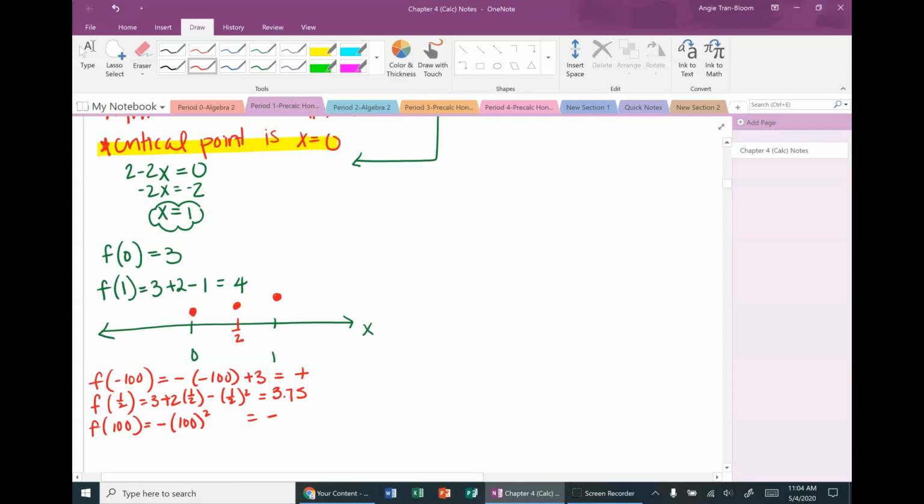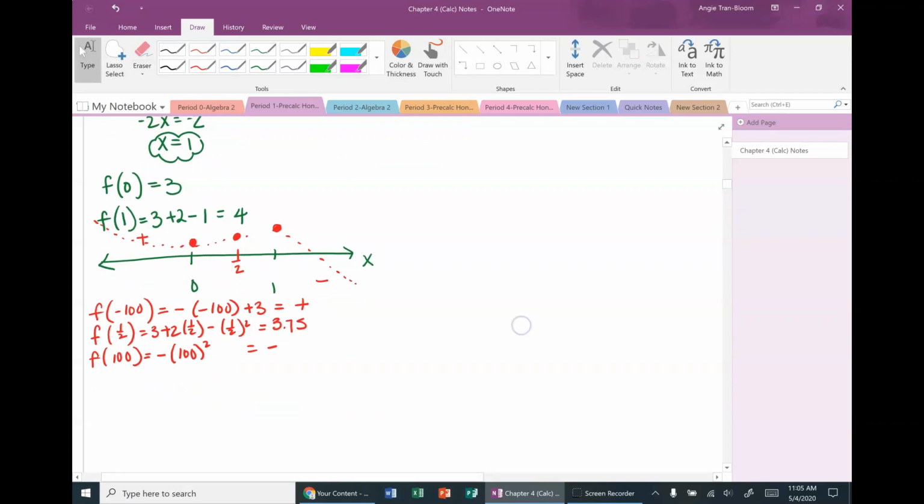Then negative 100, left end behavior, it's positive. Right end behavior is negative, oops, negative, and I went and wrote positive. So if I were to sketch this out, it would look like this. Okay, just like that.